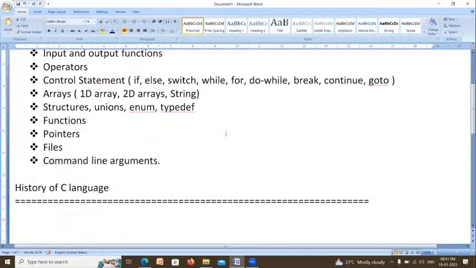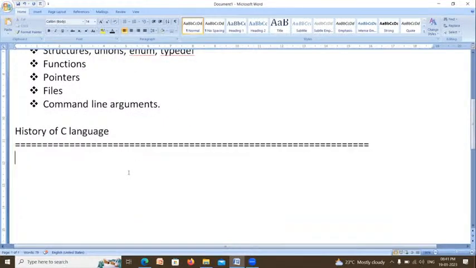These programming languages are mainly classified into three types. One is low level language. Second is high level language. Third is middle level language. Actually, C is a middle level language and it is also called a high level language. I will explain the history, then you can be very clear about that.